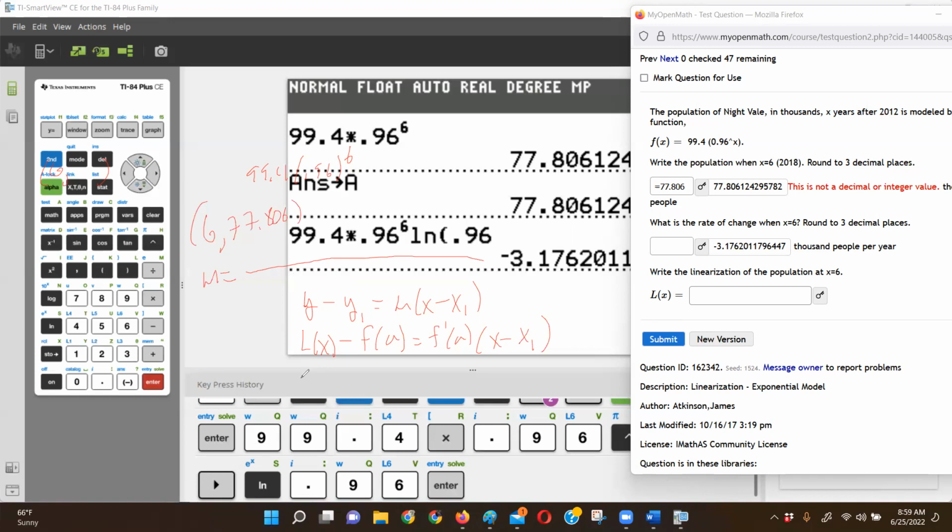So what I'll do often is write it as y equals the slope of negative 3.176 times x minus 6 plus, because remember it's minus in the point-slope form. This would be y minus that number. So I'll just move it over here and write it as plus 77.806. And that's what I would write in. I mean, because they aren't asking us to do any kind of prediction with it. So I don't really need to clean it up.